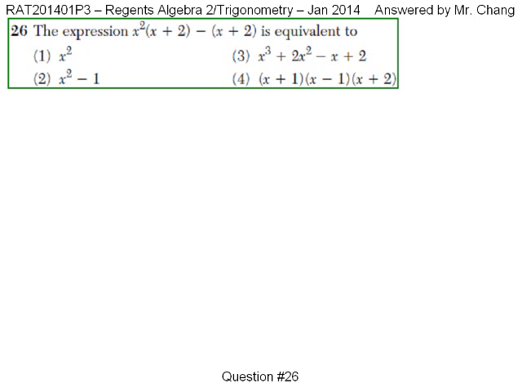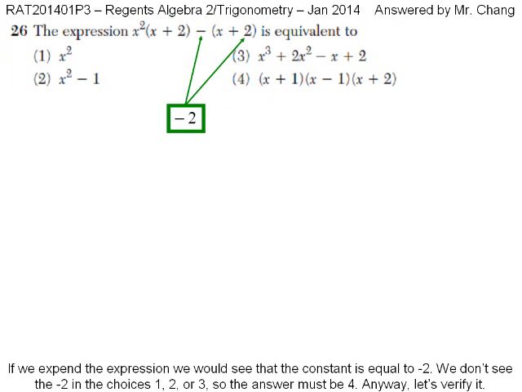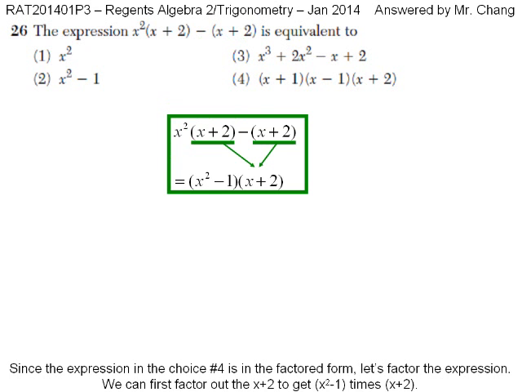Question number 26. If we expand the expression, we could see that the constant is equal to negative 2. We don't see the negative 2 in choice 1, 2, or 3, so the answer must be 4. Anyway, let's verify it. Since the expression in choice number 4 is in factored form, let's factor the expression.